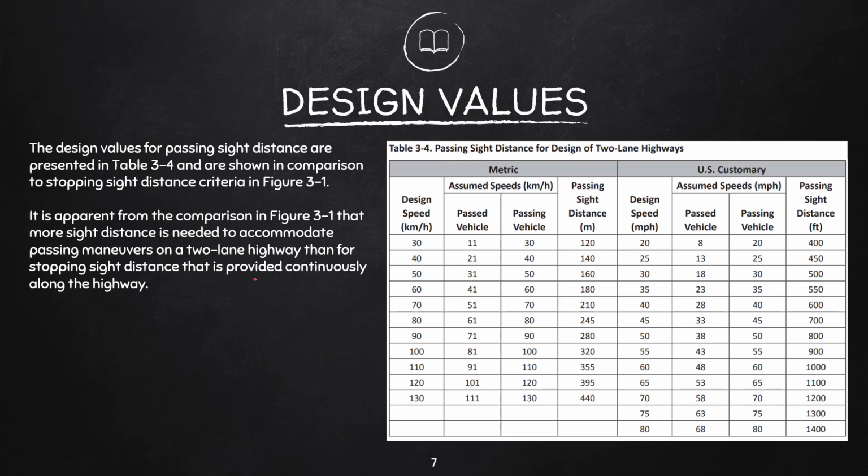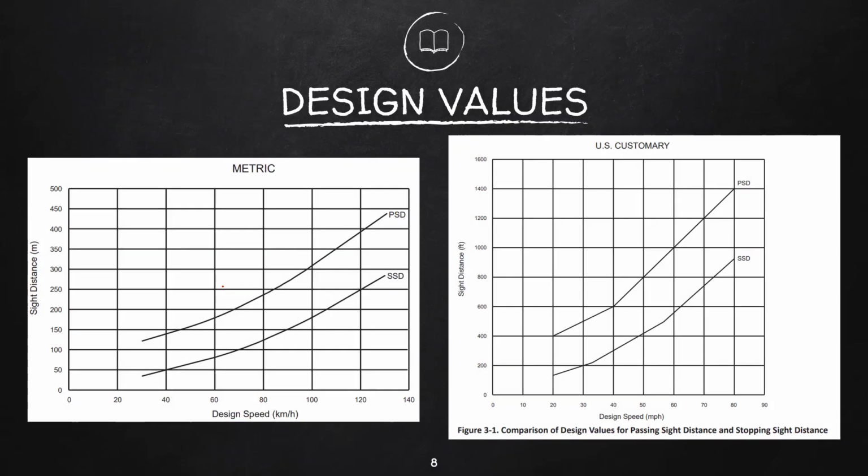Again, stopping sight distance is continuously provided along the highway. I have also discussed this in Unit 5 of Module 3 in intersection sight distance. So here is the comparison of design speeds for passing sight distances and stopping sight distances. PSD is for passing sight distance and SSD is for stopping sight distance.